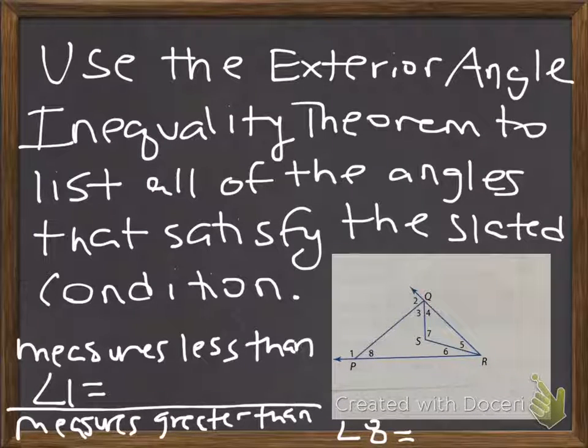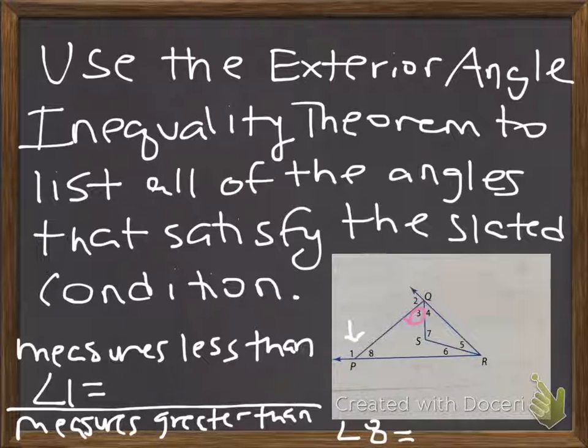So using that theorem, the exterior angle inequality theorem, we're going to list all the angles that satisfy this condition. It's saying measures that are less than angle 1, so it's going to be all the remote interior angles. Here's angle 1. So it could be angle 3, that's inside the figure.